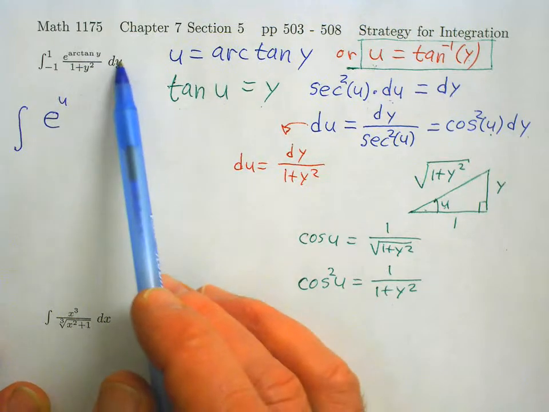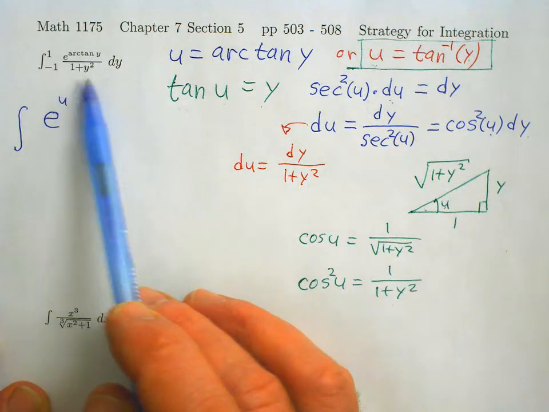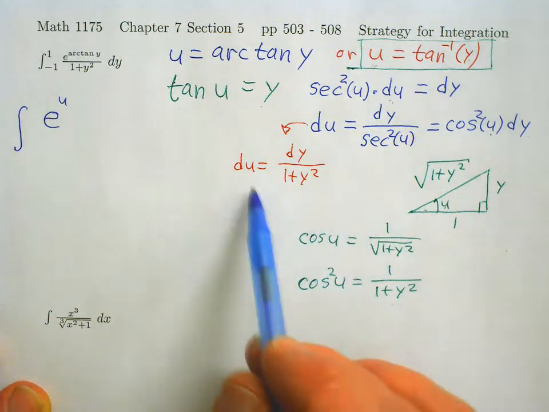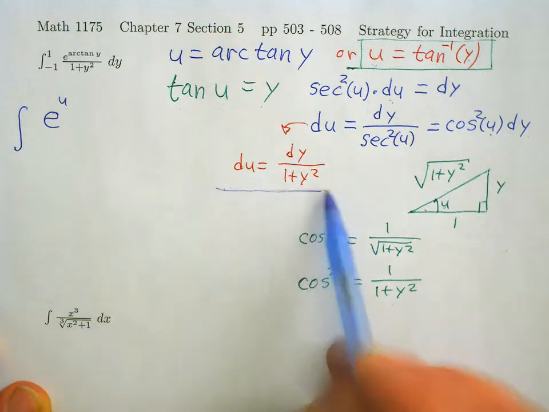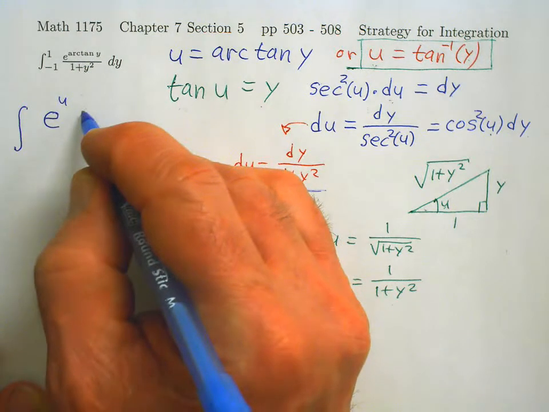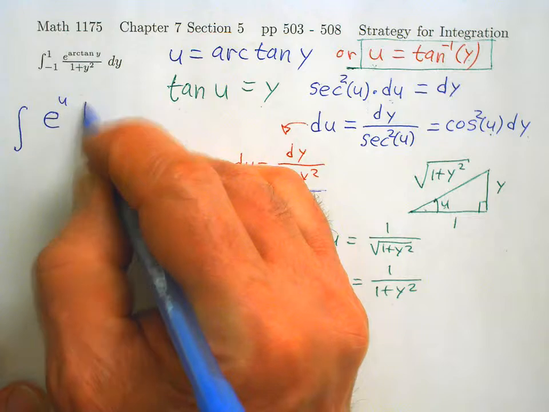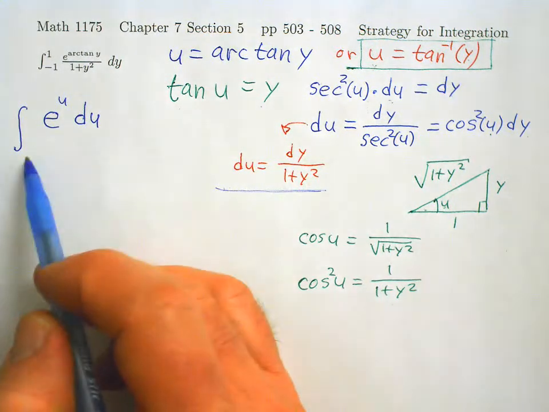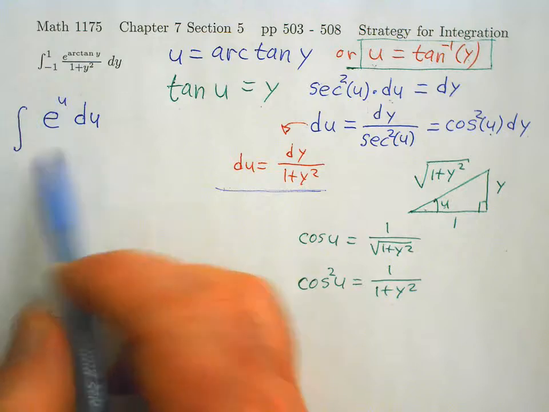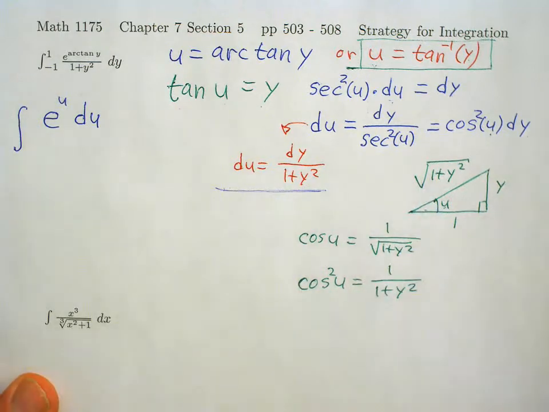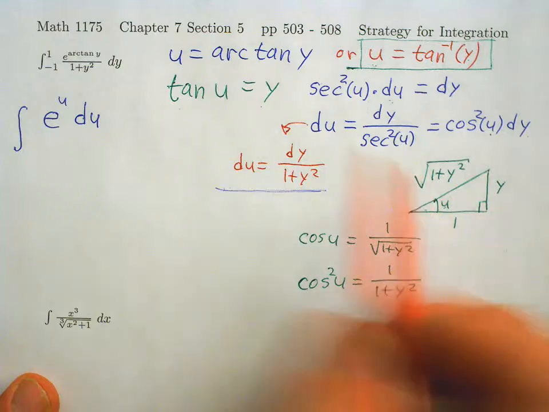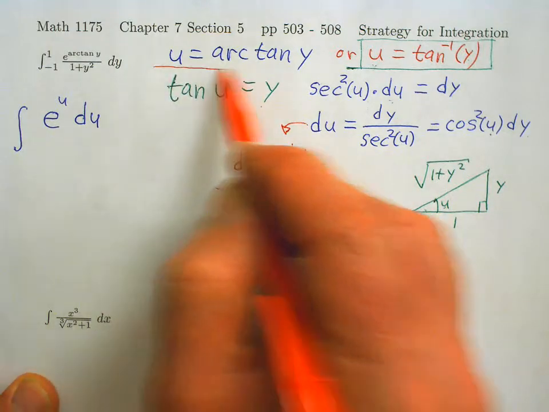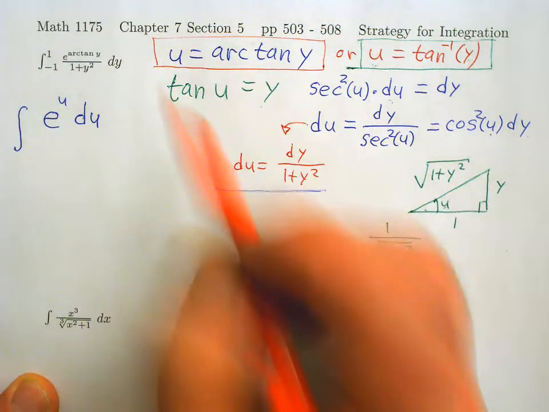And we see that we have dy over 1 plus y squared, and that's exactly what du is. So the integrand is just e to the u du. And the limits of this integral have to be u values.